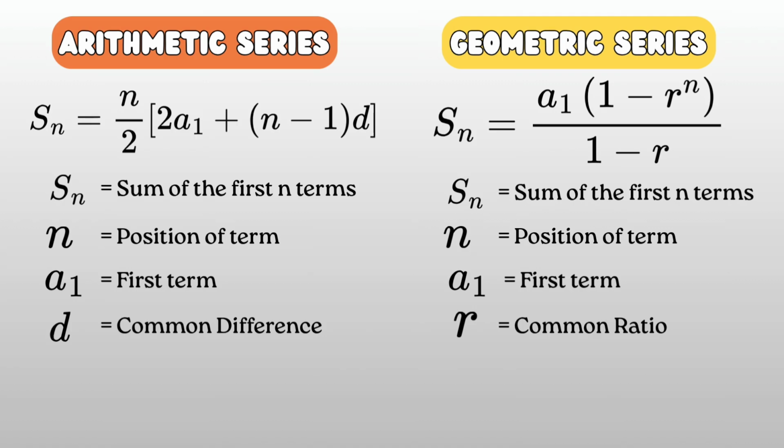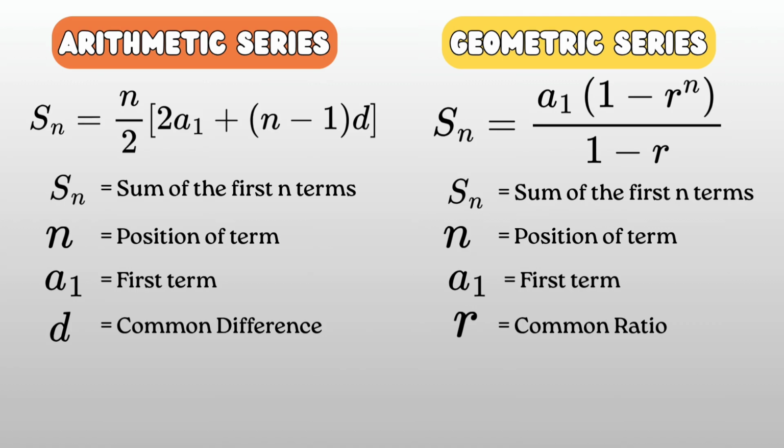S sub n is equal to n divided by 2 times the quantity of 2 times a sub 1 plus the quantity of n minus 1 times d. It looks long, but don't panic. It just uses the exact same pieces we already know. n is the position, a sub 1 is the first term, and d is our common difference.